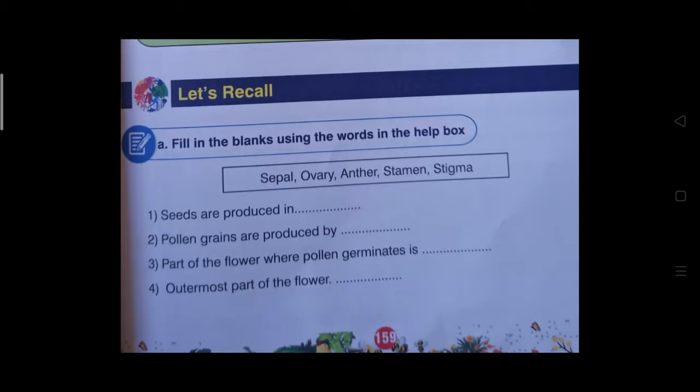You can identify that part. Fourth one, outermost part of the flower which will protect. Identify that and we can discuss in the live session.